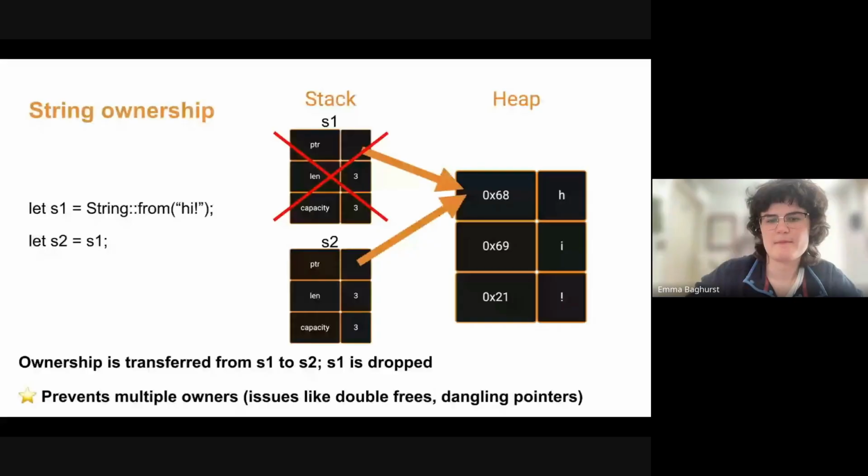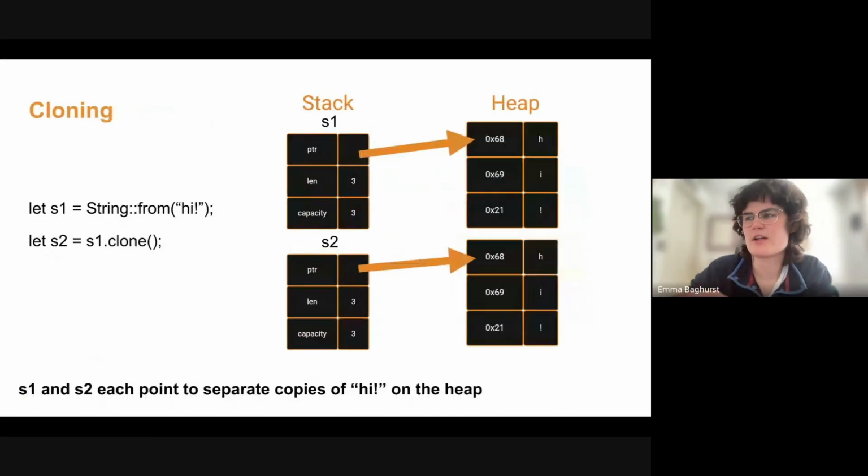Does clone create a copy on the heap as well? Yeah, hold on. Just go back. Yeah, so it does. That's the point of cloning. Emma, you'll just need to reshare. You can see when you clone, it creates this extra copy, and you've basically got two independent pointers pointing to separate copies on the heap.